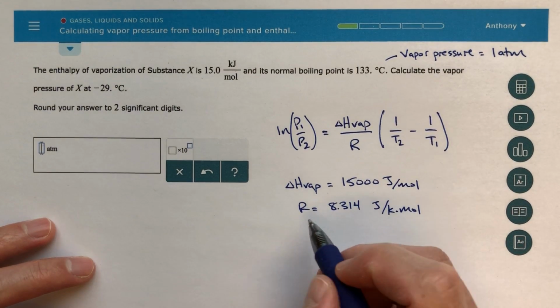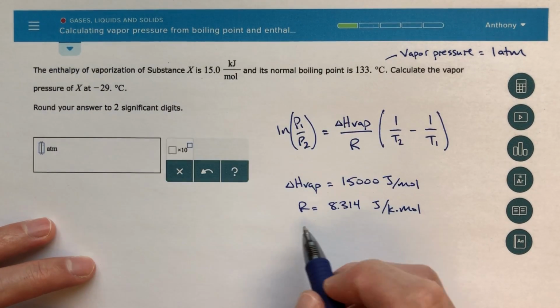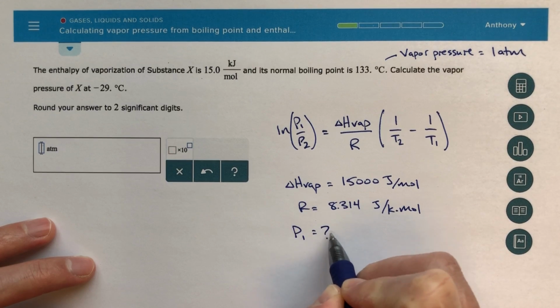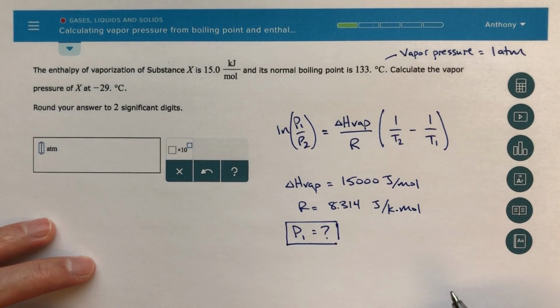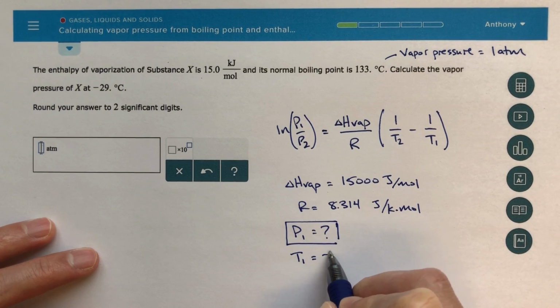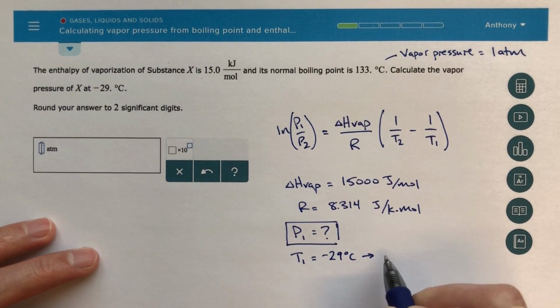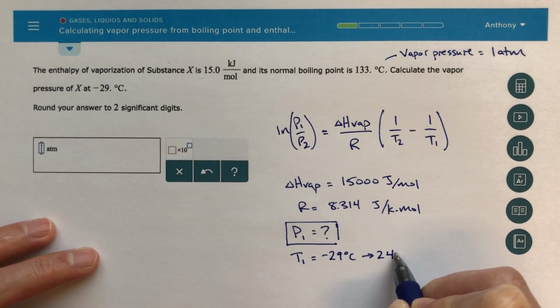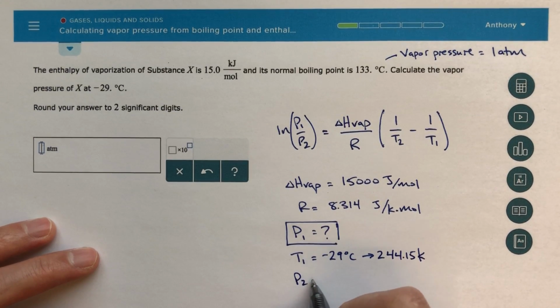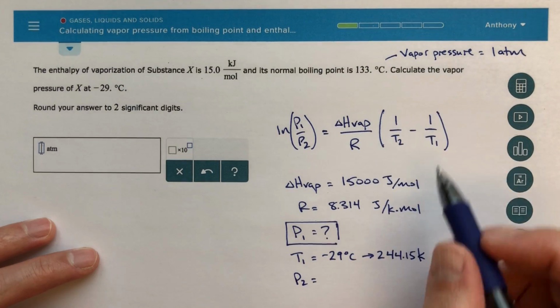So when I am going to solve this, I'm going to take the information up here, and I think it's nice to just organize your information. I'm going to say that P1 is the vapor pressure that I'm looking for. That means that T1 needs to be the minus 29 degrees Celsius, which is 244.15 Kelvin. And then P2, that's going to be my 1 atmosphere, right?